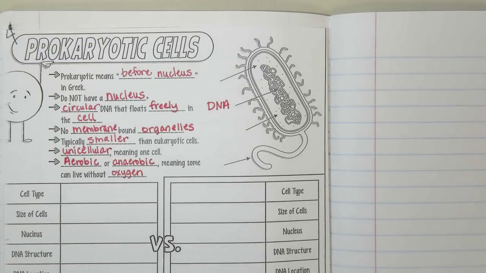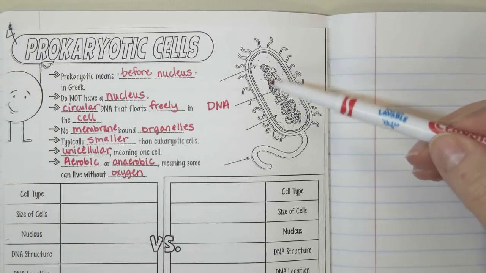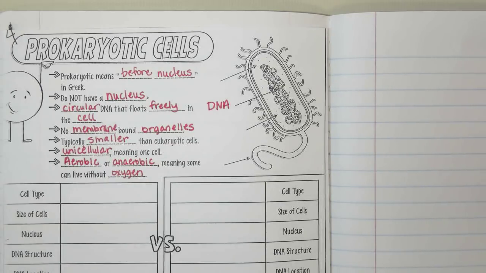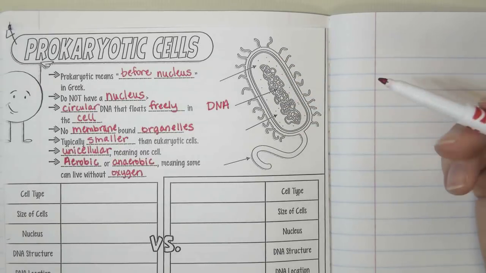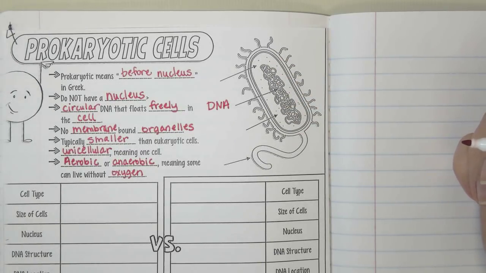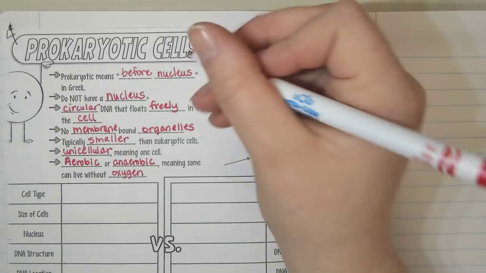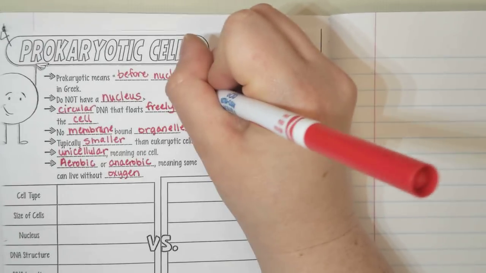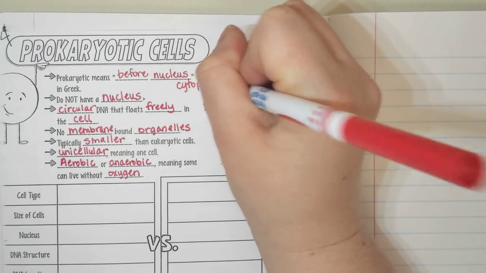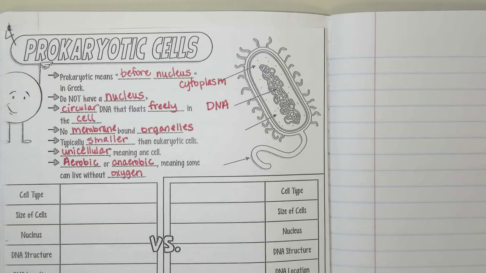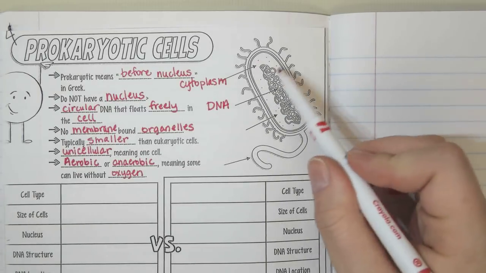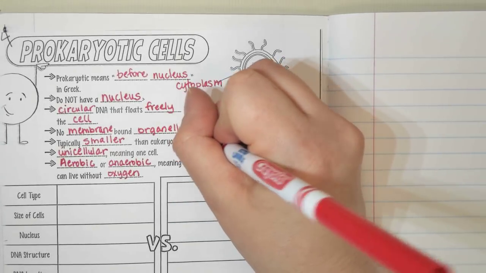If we look at the rest of this diagram here, we've already labeled the DNA as the squiggly lines inside. The rest of this space inside is filled up with something called the cytoplasm. That's almost like a jello-like texture, and it just fills the inside of the cell. Cytoplasm. We said that it doesn't have a lot of organelles or small parts, but what it does have are these teeny little tiny dots, which are called ribosomes.